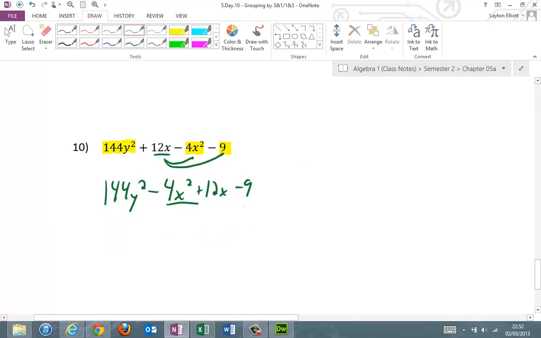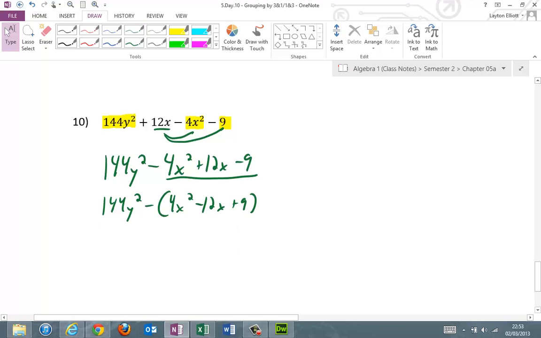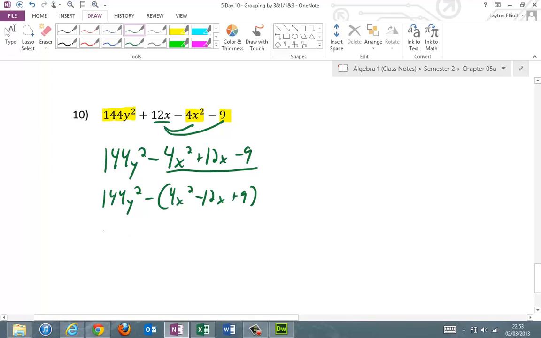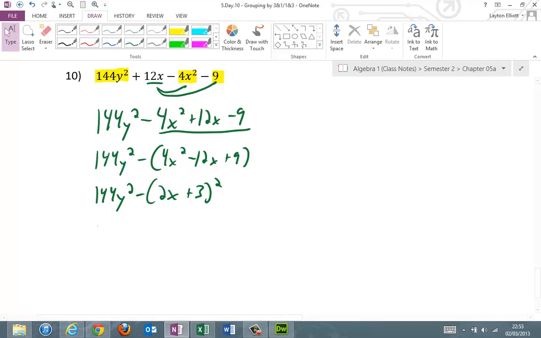Now I'm going to group this and pull a negative out, so I have 144y squared minus parentheses 4x squared minus 12x plus y. I can see now that that second part can become a perfect square trinomial. So I have 2x plus 3 squared. Now we can do our difference of 2 squares step, big parentheses.